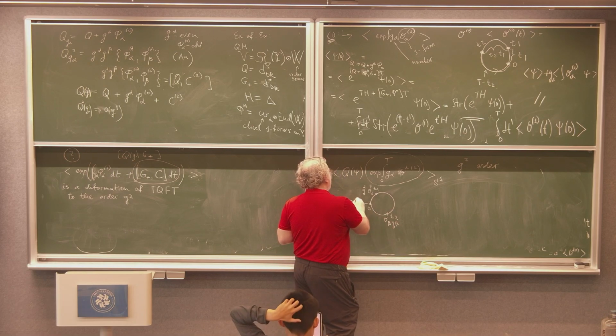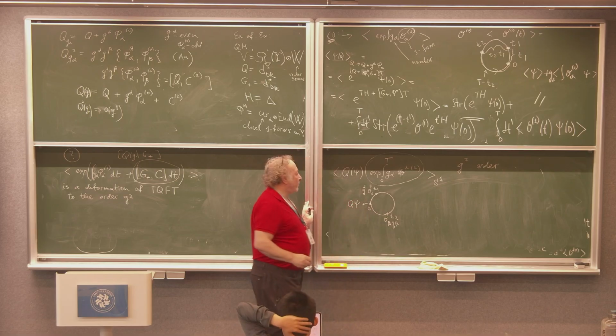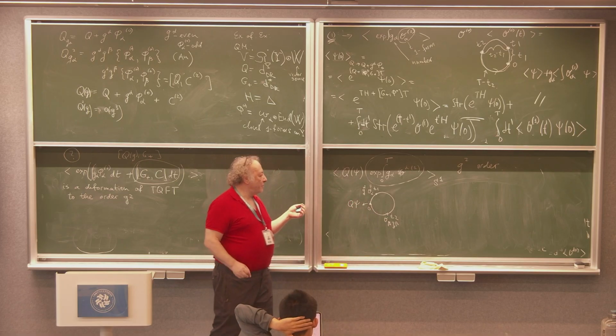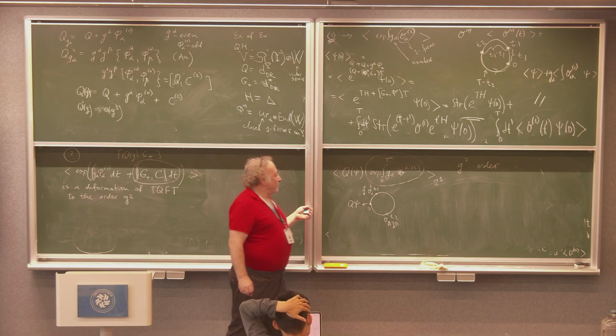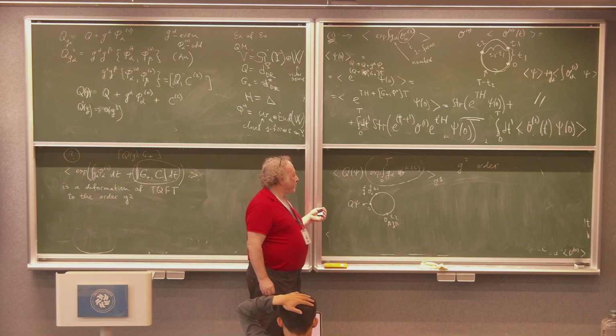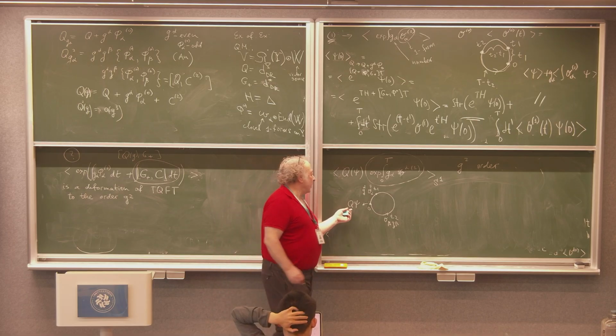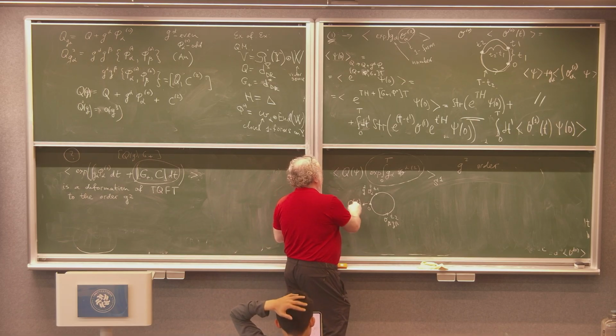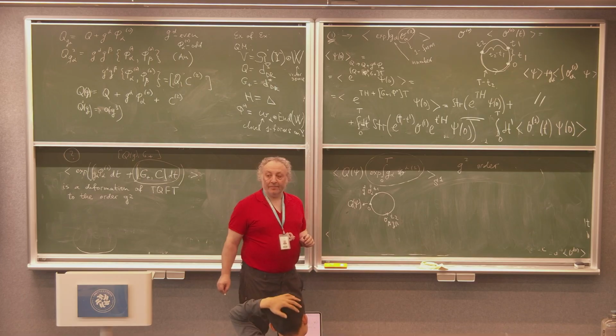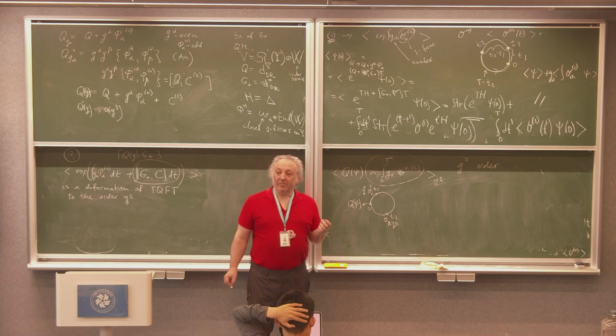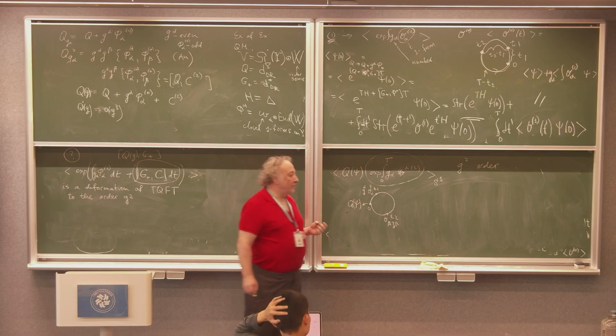Where I have Q of beta. And what I actually want, I want the decoupling of Q of psi. So what does it mean to decouple Q of psi?